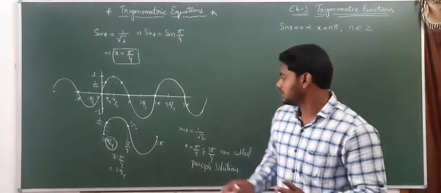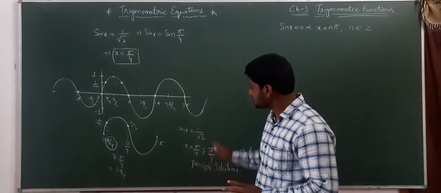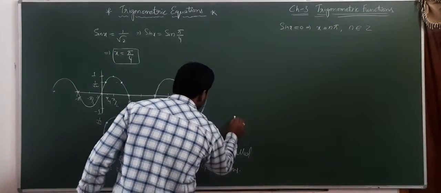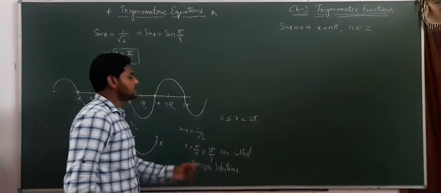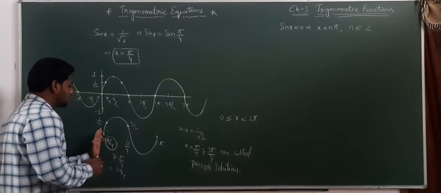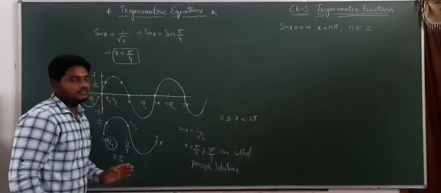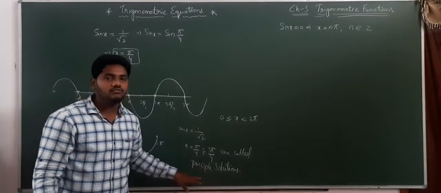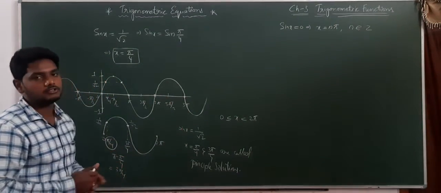Principal solution means the solutions of a trigonometric equation in the interval of 0 to 2 pi. That means greater than or equal to 0, less than 2 pi. If the solutions are in between 0 to 2 pi, we will consider as principal solutions. For any trigonometric function, when we are finding principal solution, definitely we should get two solutions. Then only we will consider those as principal solution.